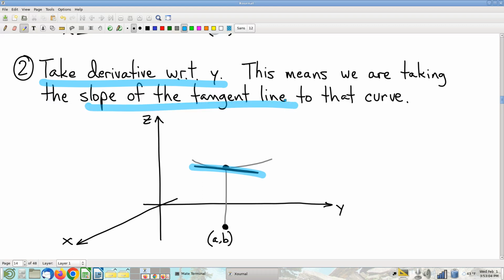Right? That's our Calc 1 interpretation of derivative. So, there's our answer. The slope of that tangent line to the curve that was the cross section of our original surface is what the partial derivative is.